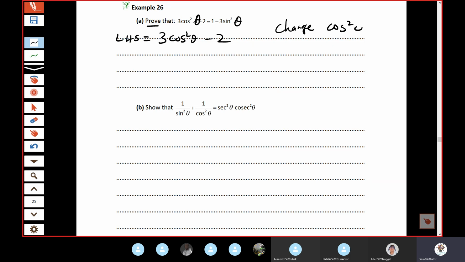The first thing your eye should be seeing is the fact that your left-hand side is cos squared, your right-hand side is sine squared. So you've got to change cos squared to 1 minus sine squared theta. All right, try that. Hopefully it works out.